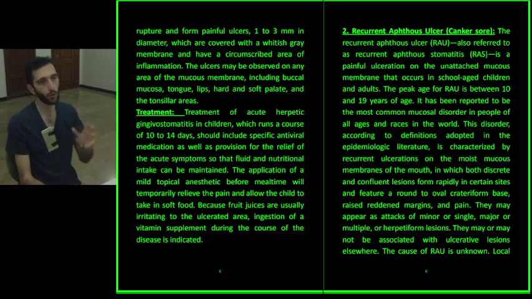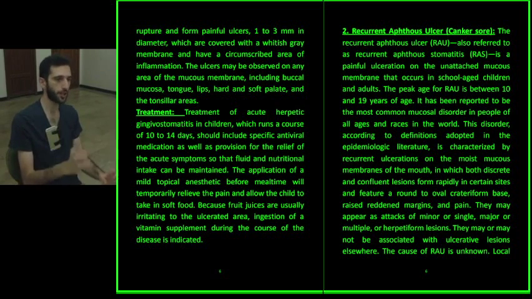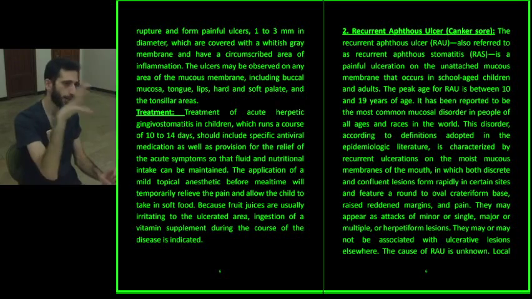This disorder, according to definitions adopted in the epidemiological literature, is characterized by recurrent ulcerations of the mucous membrane of the mouth. First of all, the most common site is the attached mucosa.